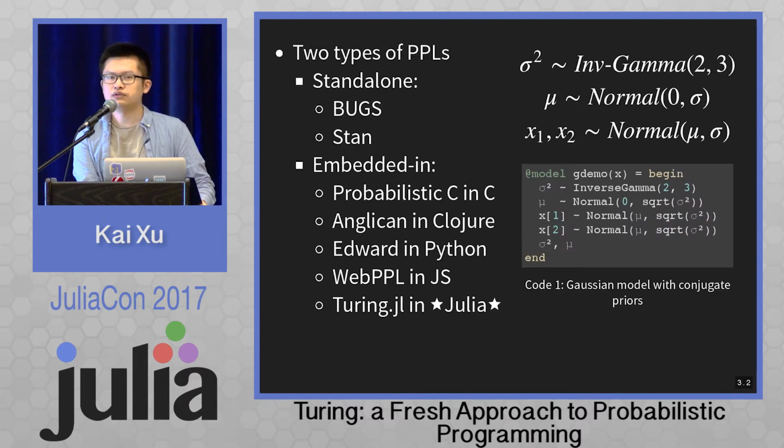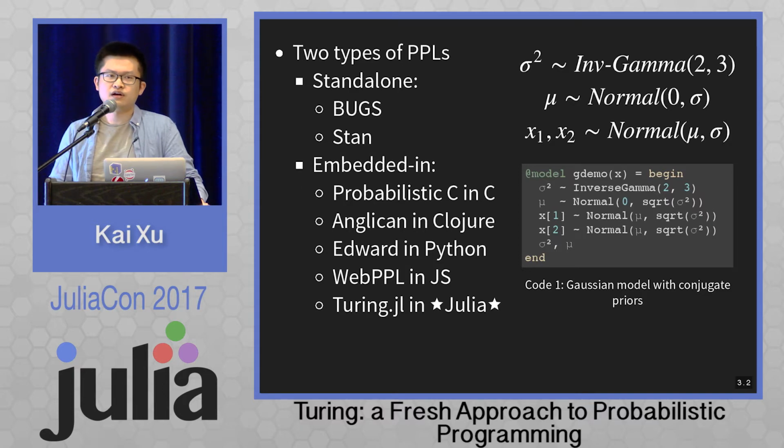There are basically two types of PPLs. One is the so-called standalone PPLs. They have their own syntax, their modeling language, and they have their own compiler so that they will translate their model into code to do inference. Examples are BUGS and Stan. Another type of PPLs are so-called embedded PPLs.